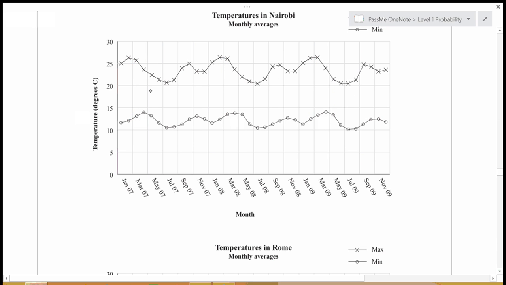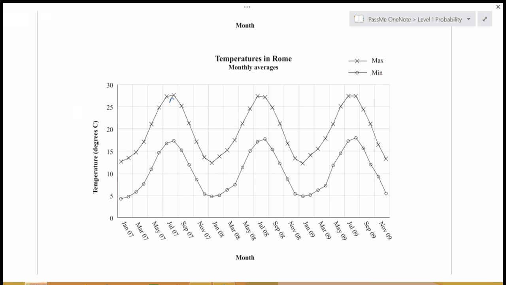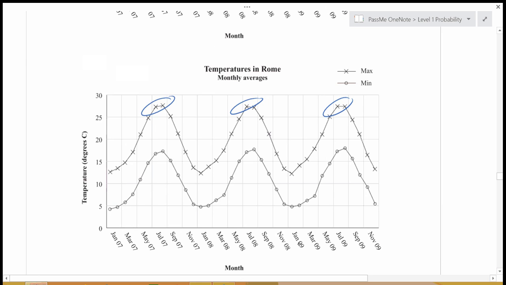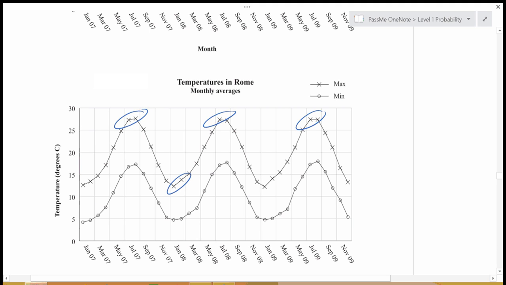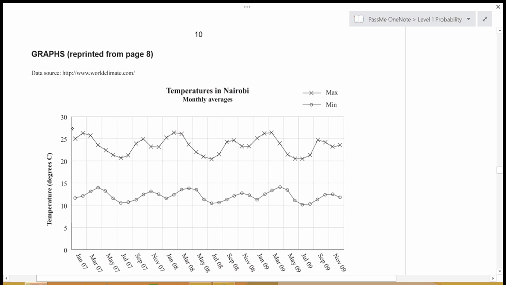I'm actually not going to write anything down here, but look, Rome has some lovely seasonal weather, where it's really warm in summer and nice and cool in the winter. And so if you like seasonal weather, then Rome is for you. However, if you like constant weather, well, Nairobi is far more constant. There's a temperature range of only about 6 degrees throughout the year.